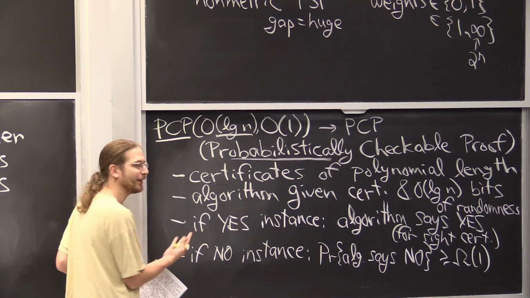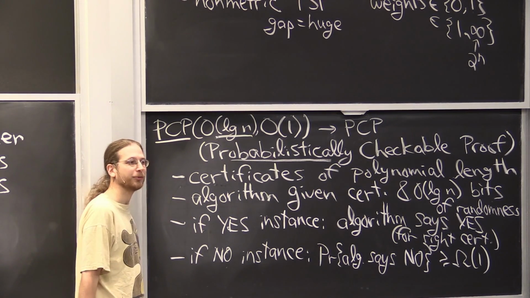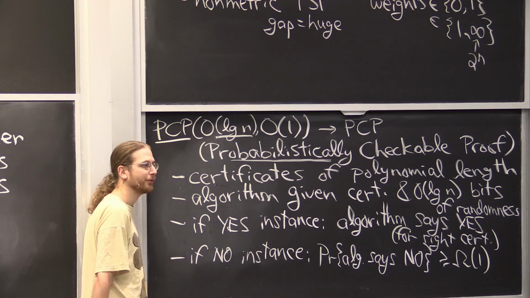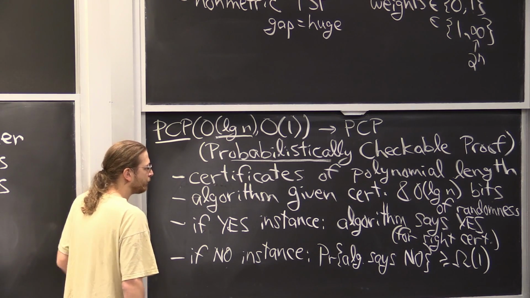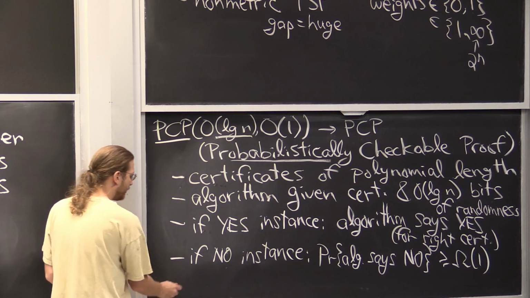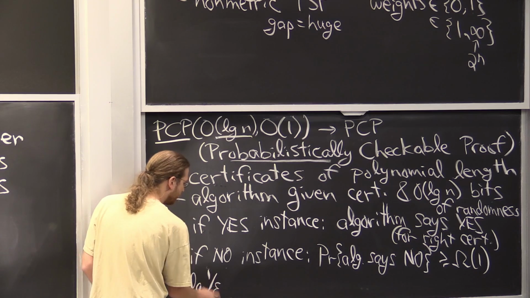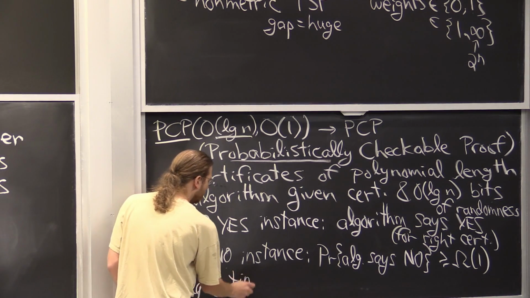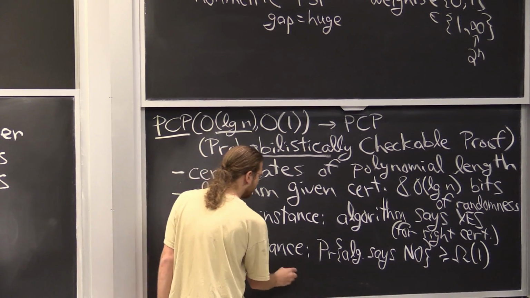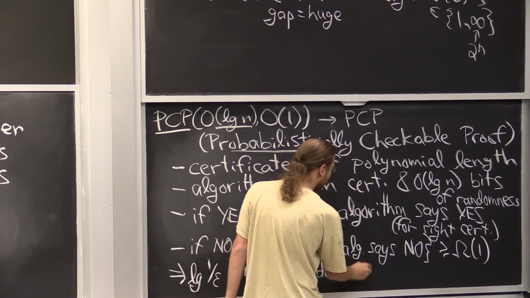If it's 1, then that's NP. If it's a half, that would be fine. A tenth, a hundredth, they'll all be the same. Because once you have such an algorithm that achieves some constant probability, you can apply it log 1 over epsilon times, and we reduce the error to epsilon.